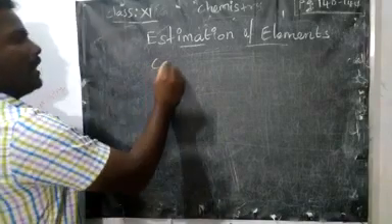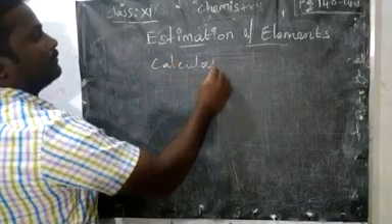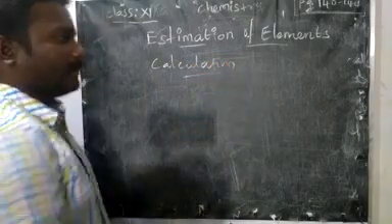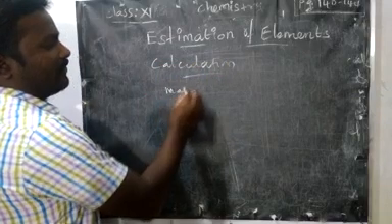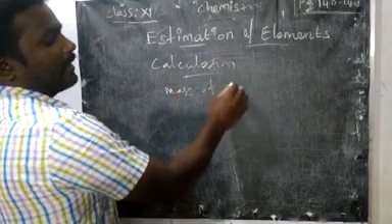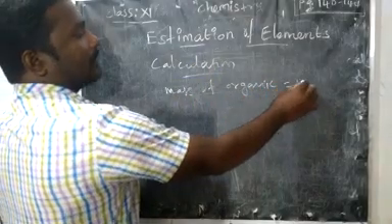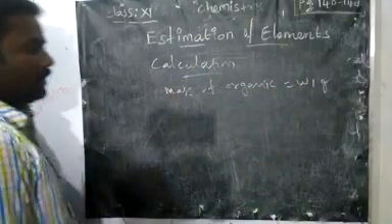Now the calculation part. In the calculation part, first we have to write the mass of organic compound, W1 gram, okay.